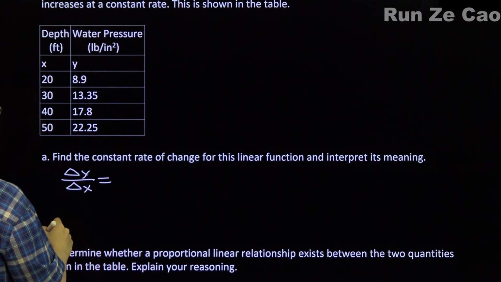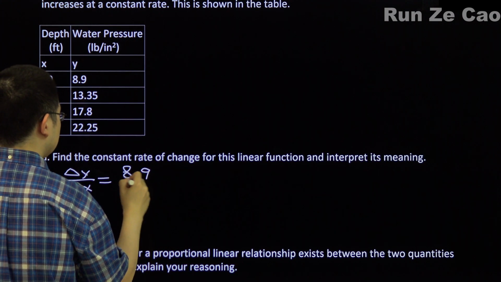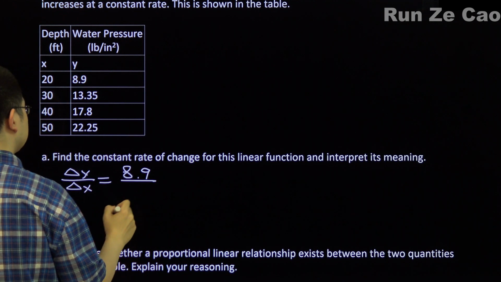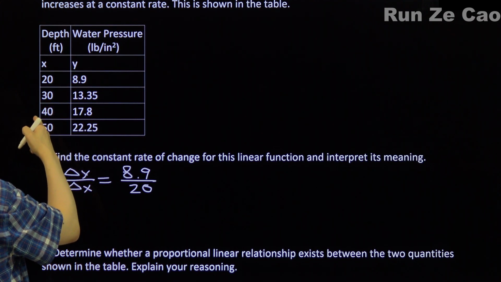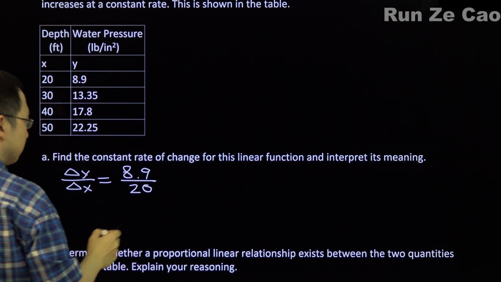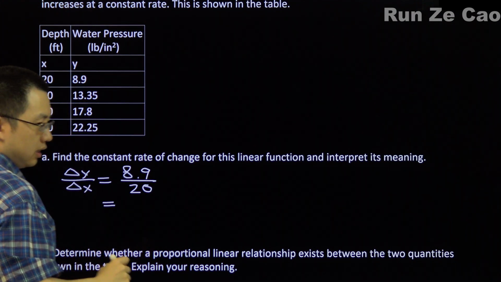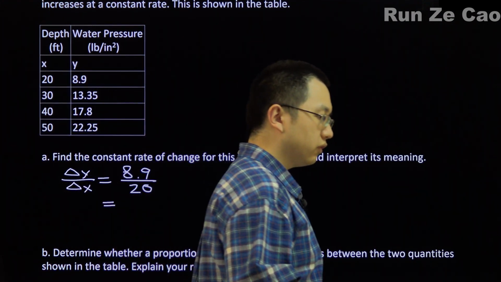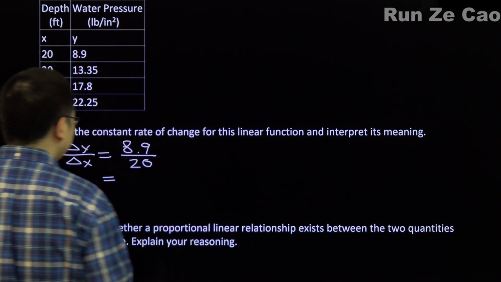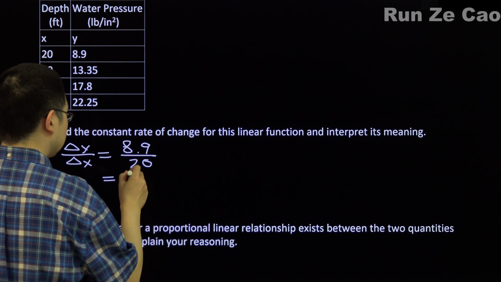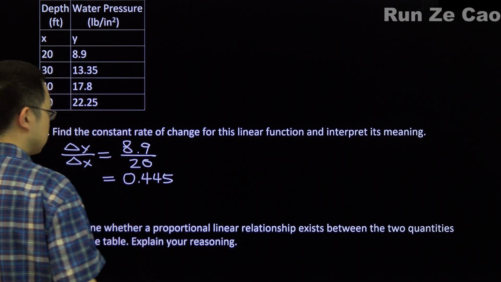So change in y over change in x, which is going to be 8.9 over 20. Or you could say 17.8 minus 8.9 over 40 minus 20. And that's going to be 8.9 over 20. Divided by 10 is going to be 0.89, so 0.445.